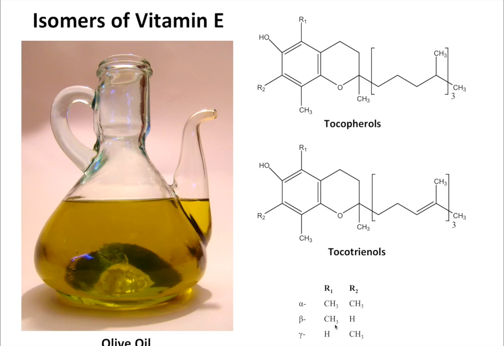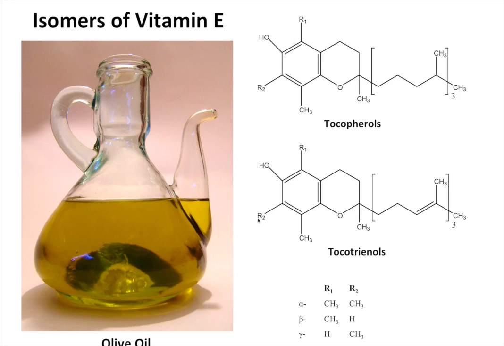The gamma case would be when you have R1 as an H group, or a proton, or a hydrogen atom, and when you have R2 with a methyl group. Same down here. H, or hydrogen, in the R1 position and a methyl group in the R2 position gives you the gamma tocotrienol form. And then the delta form is when you have hydrogen in both the R1 and R2 positions for both tocopherols, and also here the same for tocotrienols.